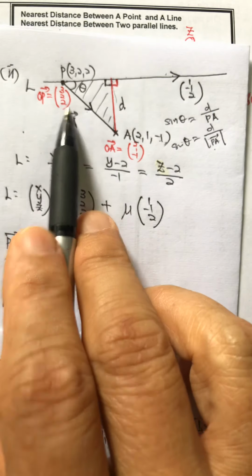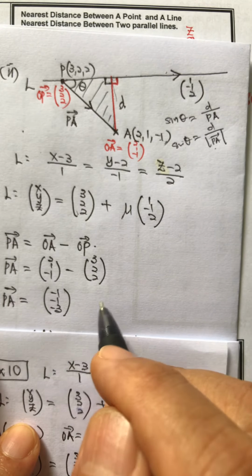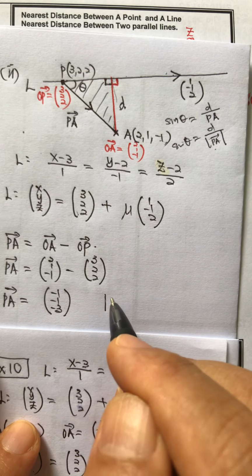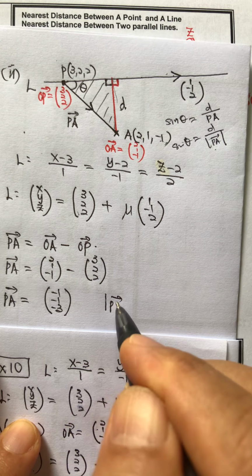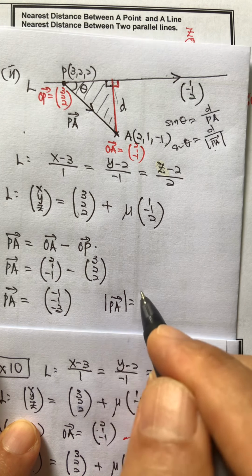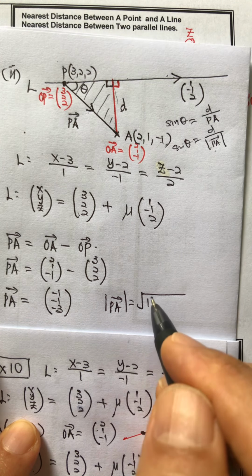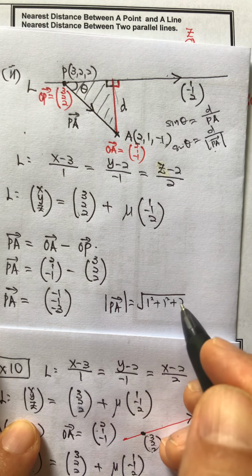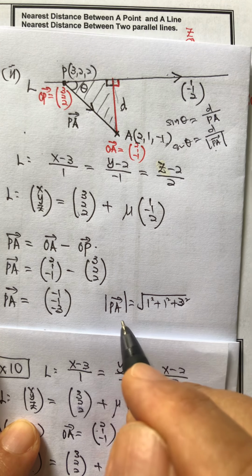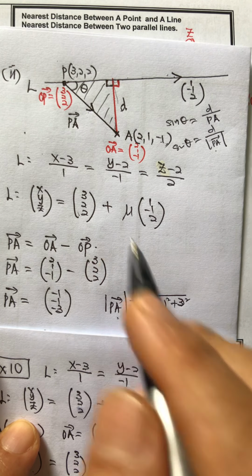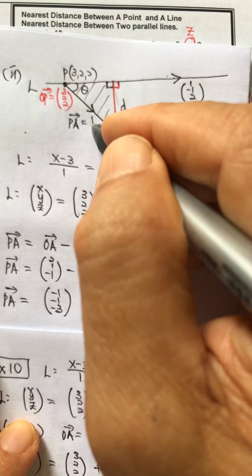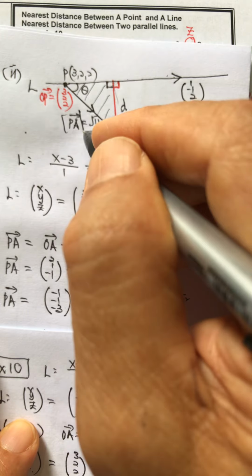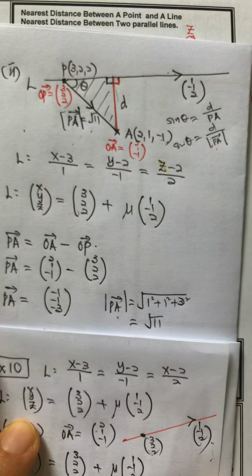Here the length PA, you can find here or later. To find the length PA, this will be the magnitude. That means it's 1 square plus 1 square plus 3 square. So the magnitude, the length PA will be square root of 11.